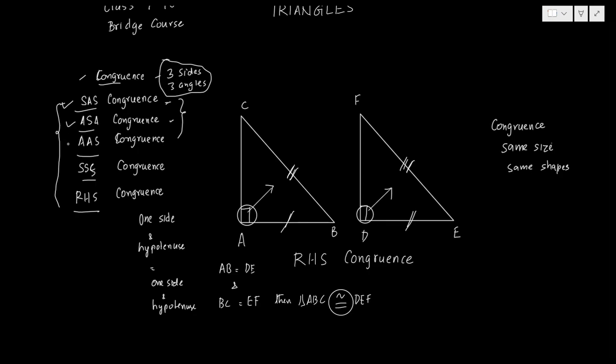If two angles and a side are equal, they're congruent. If three sides are equal, they're congruent. And in the case of a right angle triangle, if the hypotenuse and another side are equal, then they are congruent. I hope this was clear and you were able to understand what is congruence, because when you go to the 10th standard, you will learn something similar, and that is called similarity.